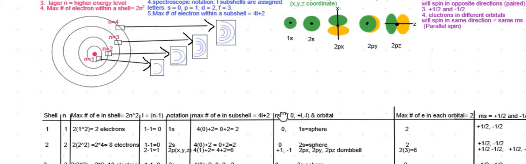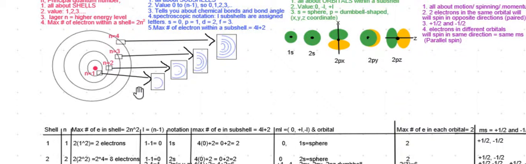Now just to summarize, let's start with n equal to 1. When n is equal to 1, L is equal to 0. The letter sign is S. ML will be 0, and MS will be plus half, minus half.